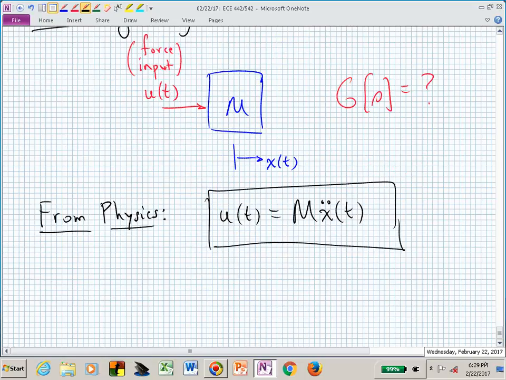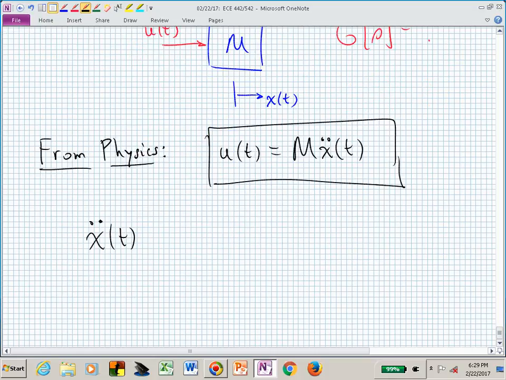F is equal to ma. We know that. And I want the transfer function between my input, which is the force U, and the output, which is x, the position. I can rewrite this and say my acceleration, or the second derivative of x, is 1 over m times U of T. I don't want to work with 1 over m, so let me just call that alpha U of T.